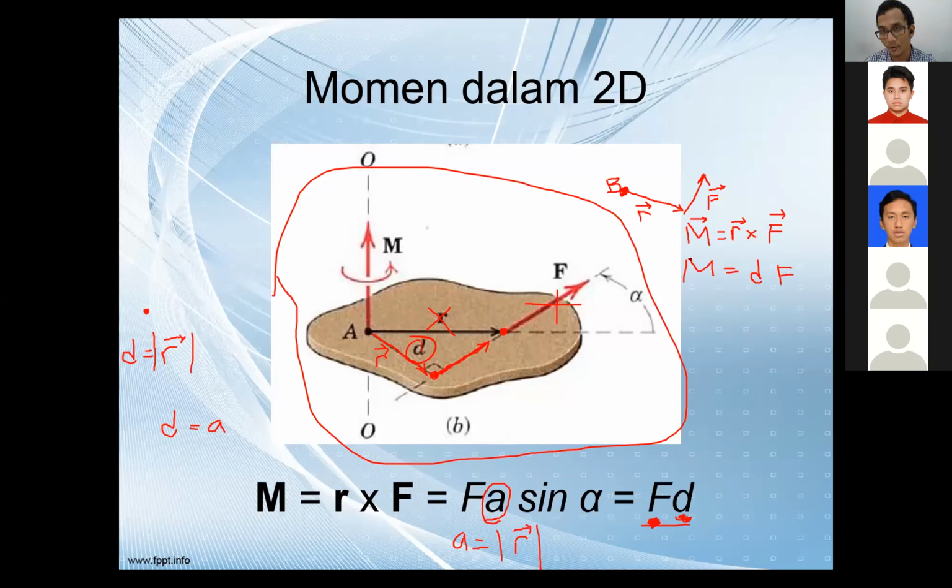But in the vector form, you cannot change the sequence. Where D here is the perpendicular distance from the point to the force.